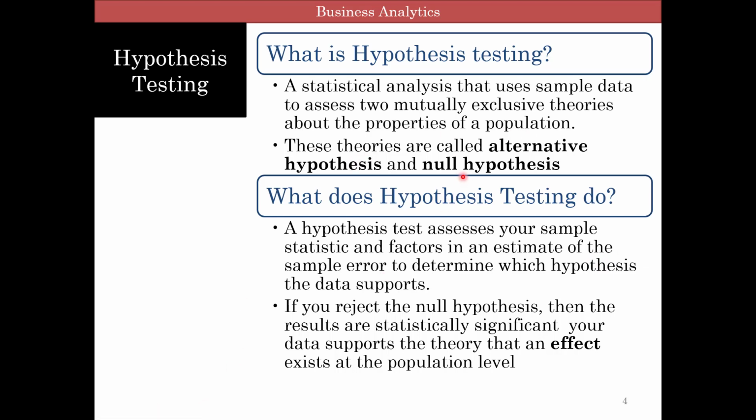If you use the data to reject your null hypothesis, then your results are what we call statistically significant. Your data supports the theory that there is an effect that exists at the population level. And I'll talk about what this effect means very soon. So we're saying something's happening. If you reject your null hypothesis, you're supporting your alternate hypothesis.